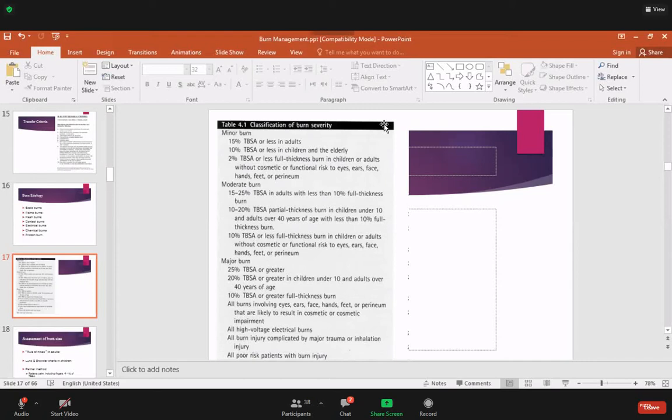So a full thickness burn of less than 2% body surface area can be called minor. But if it is more than that and full thickness, it is classified higher than a minor burn.